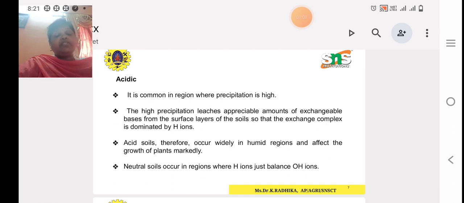Precipitation sometimes leaches out some of the exchangeable bases in the surface layers, so the exchange complex is mainly dominated by hydrogen ions.